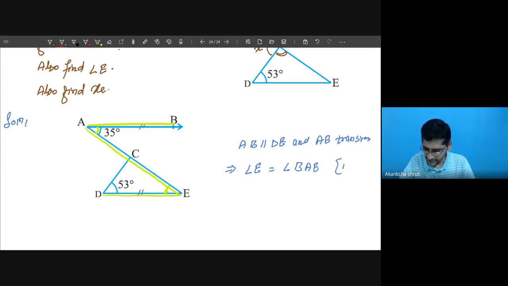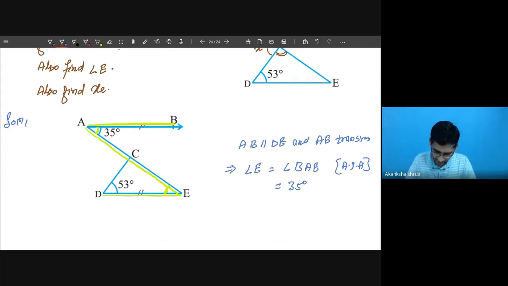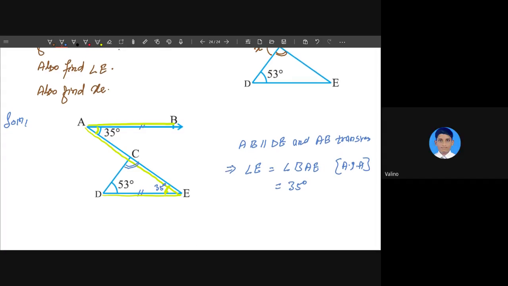So this is because of alternate interior angles. So this value is our 35 degrees. Now, while this angle is calculated as 35 degrees, what will be this angle C? Now 53 plus 35 plus C is equal to 180 degrees.